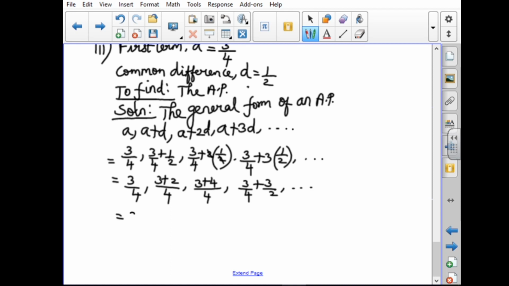That is equal to 3 by 4, 5 by 4, 7 by 4.